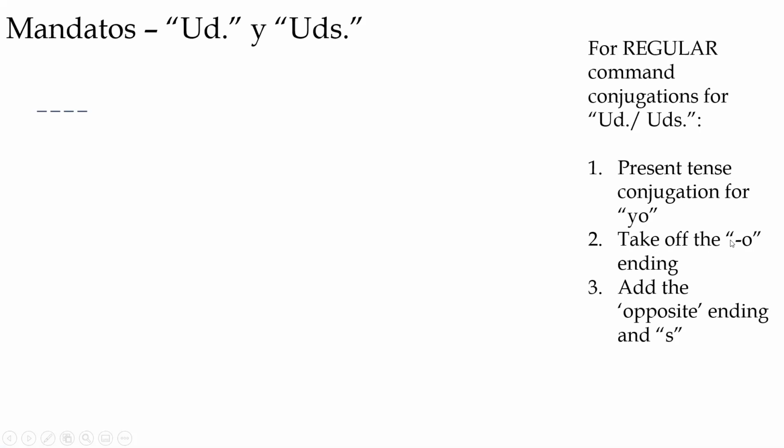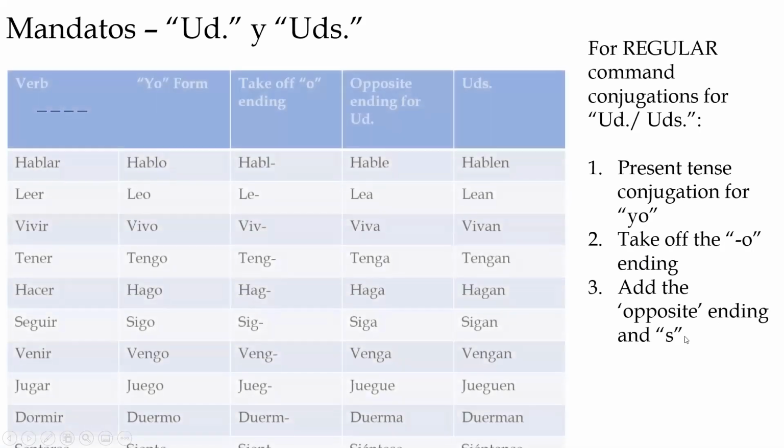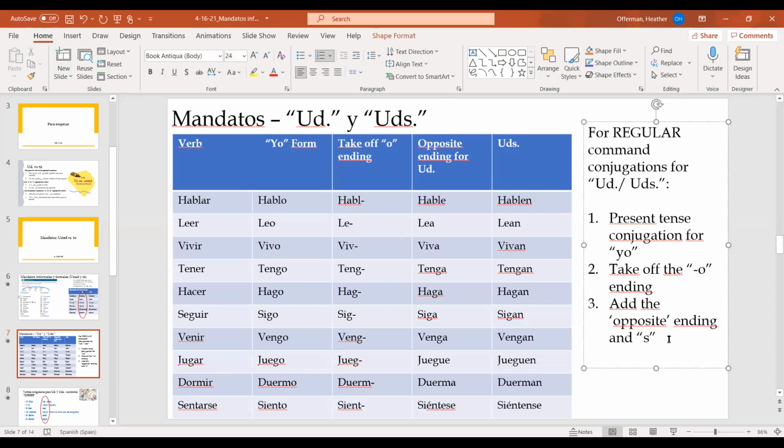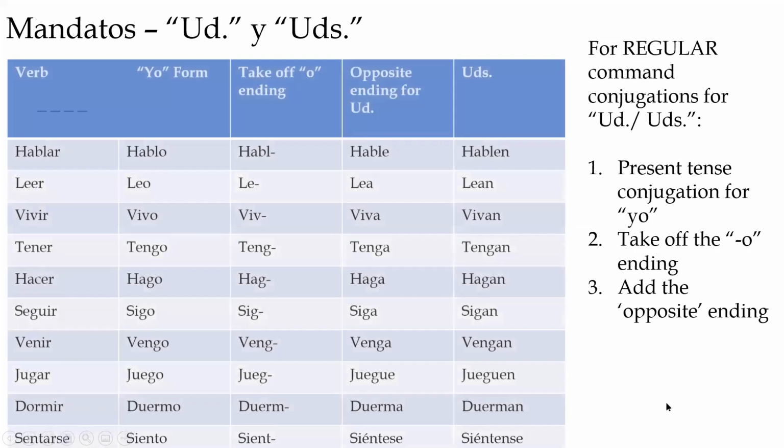Then we take off the o ending, okay, and add the opposite ending. Oops, we don't add s here. Let me delete that quickly. Okay. So let me show you what that would look like.